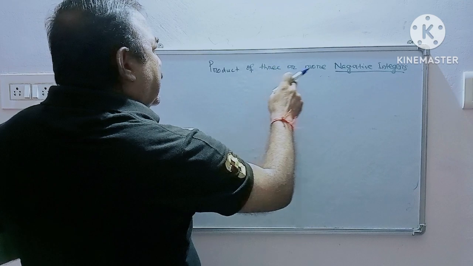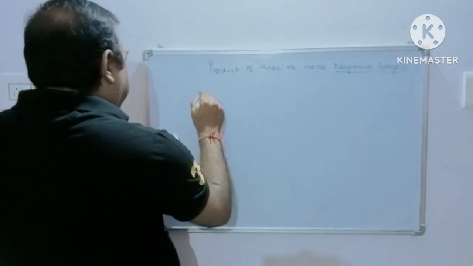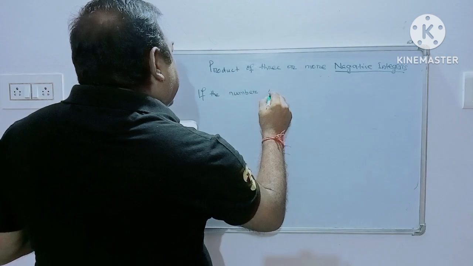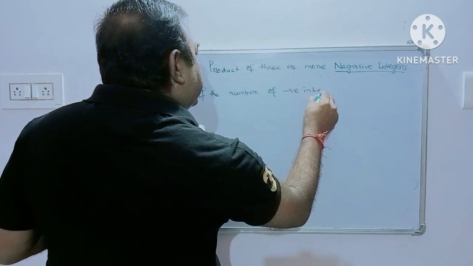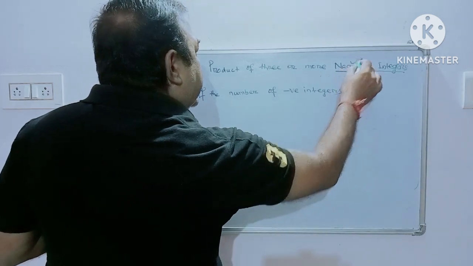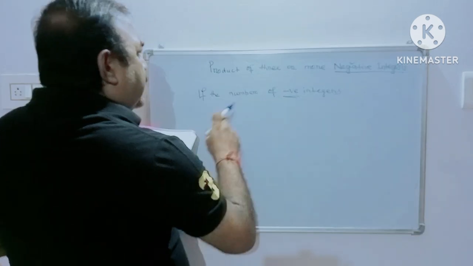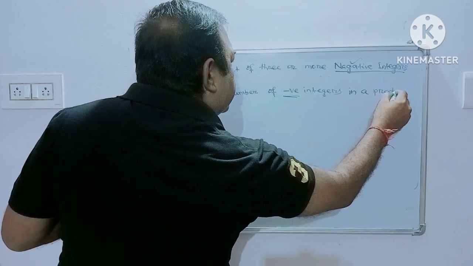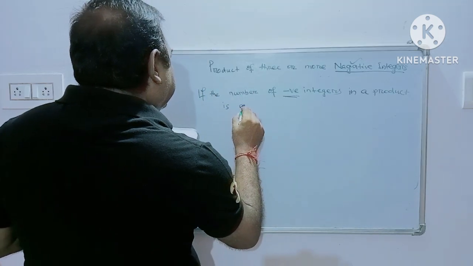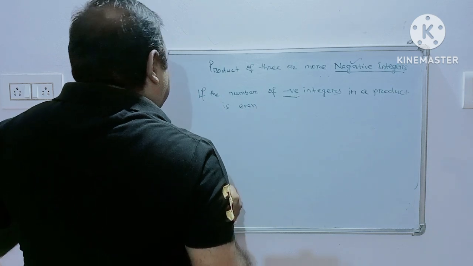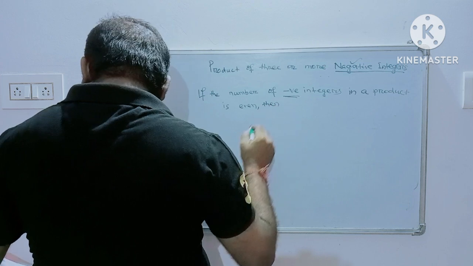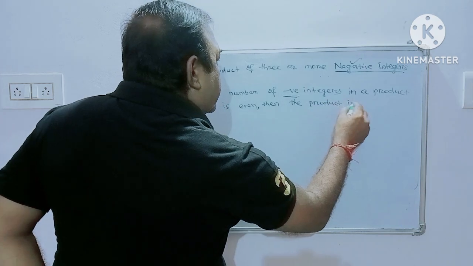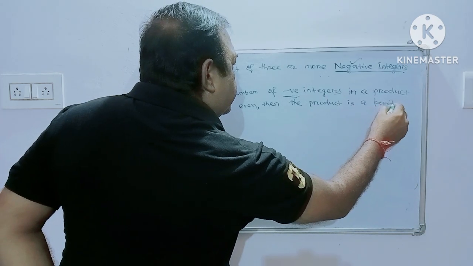So for the product of three or more negative integers, you see, if the number of negative integers in a product is even, then the product is a positive integer. Negative you may write like this in short form, it is also used like this.